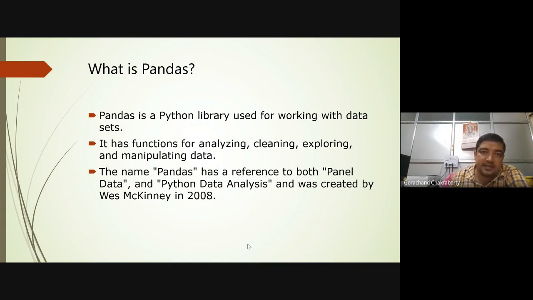Now, what is pandas? It is also a library. Pandas is a Python library used for working with datasets. It has functions for analyzing, cleaning, exploring, and manipulating data. The name pandas is a reference to both panel data and Python data analysis, and it was created by Wes McKinney in 2008.